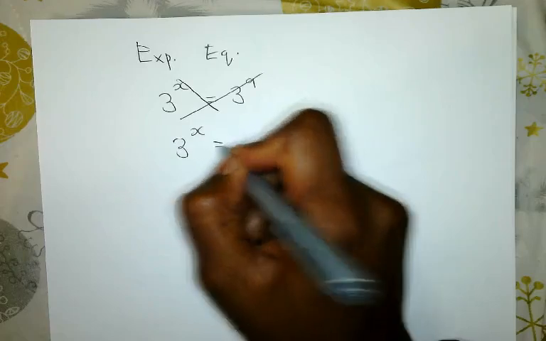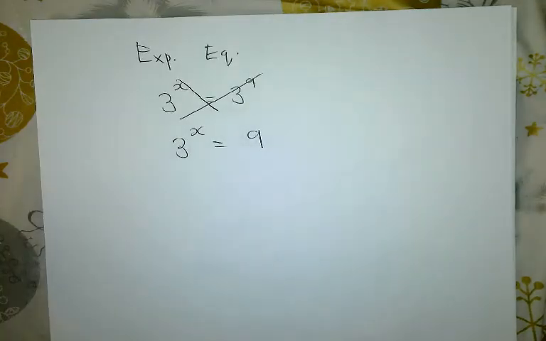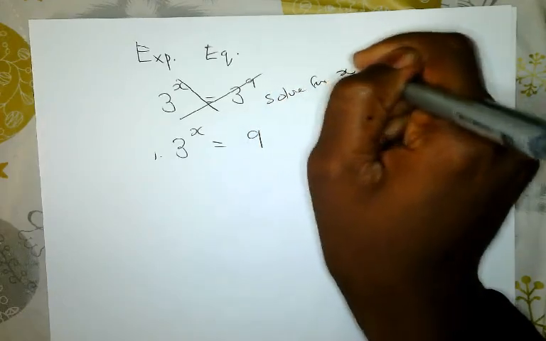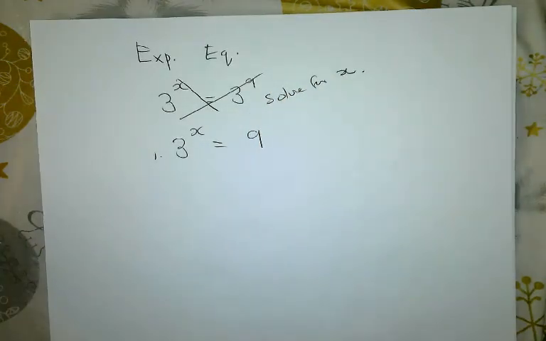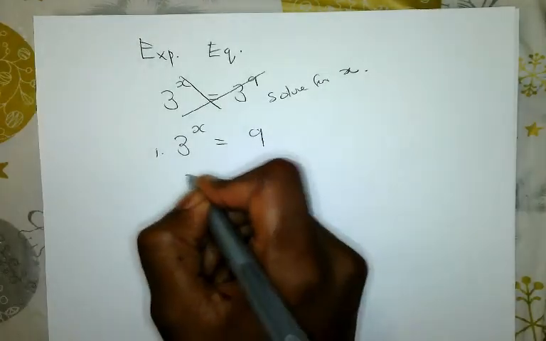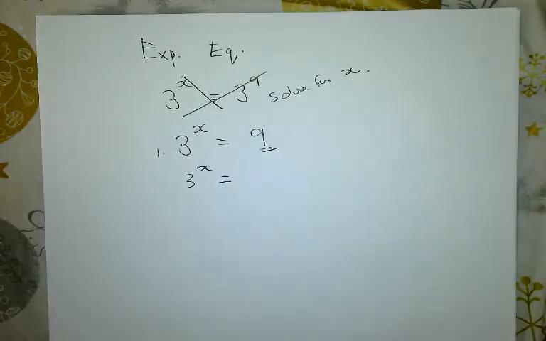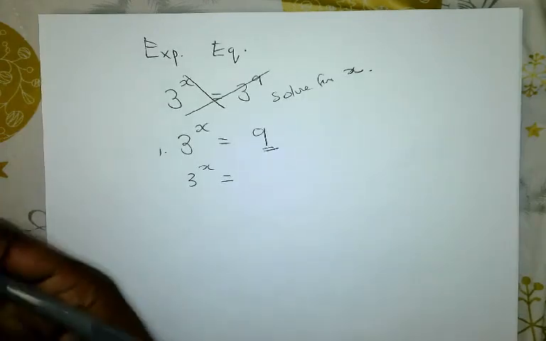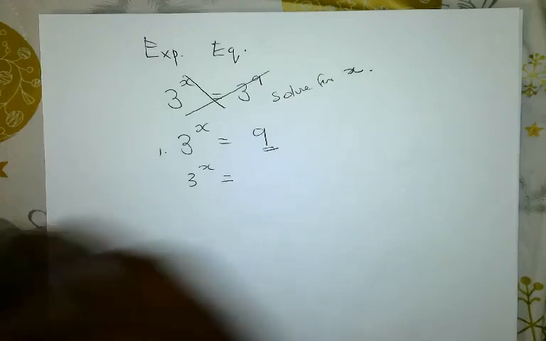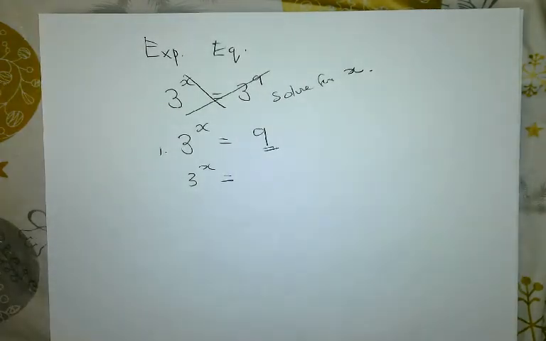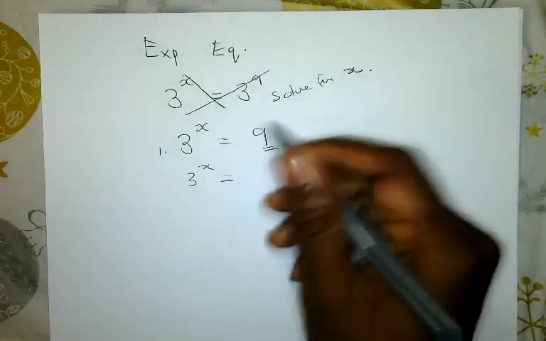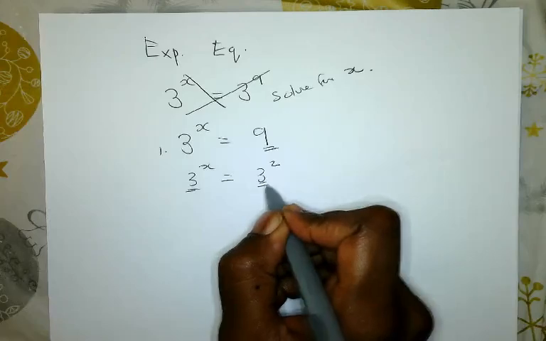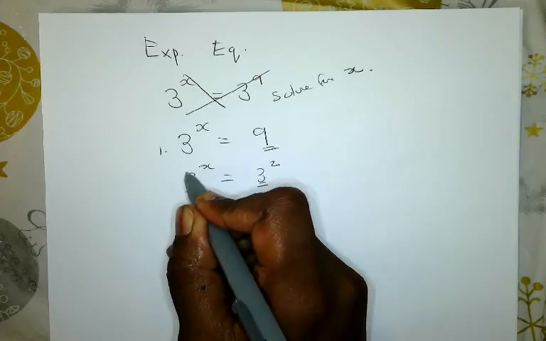Okay, if you are to solve for this, the first thing you need to do is change the 9 to become a prime base. So you see, any question involving exponents at this point needs you to be familiar with prime base. So the prime base of 9 is what? 3 squared. Once the bases are the same, we can drop the bases and equate the exponents. So if I drop the bases, I equate the exponents, and it becomes 2.